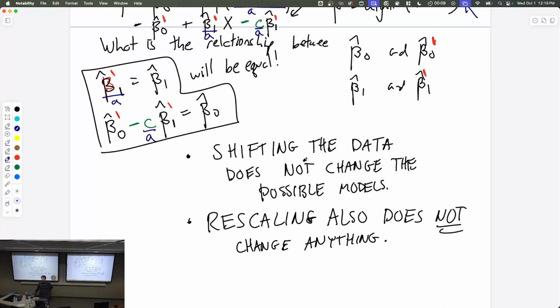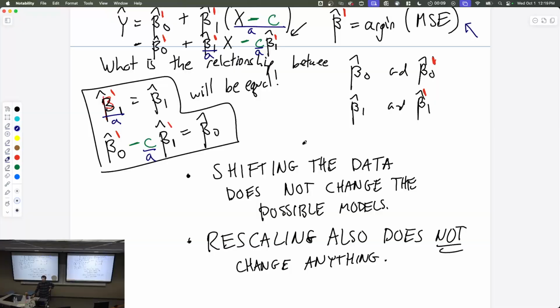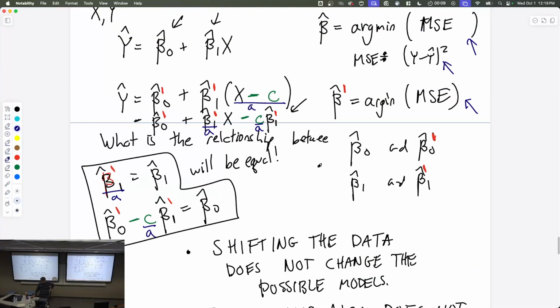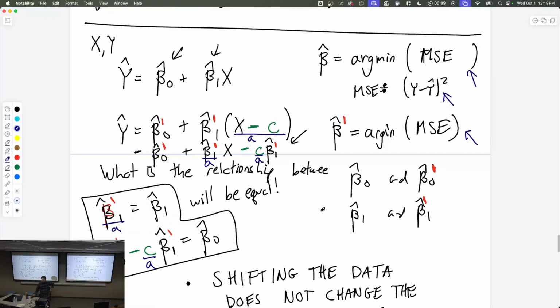Yeah. If you're scaling the whole model, why isn't beta 0 affected? So I took the x and replaced x with x minus c divided by a, and beta hat 0 prime is what you add on to the whole thing.